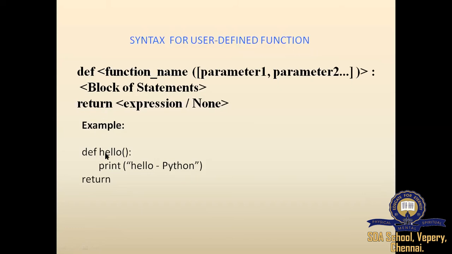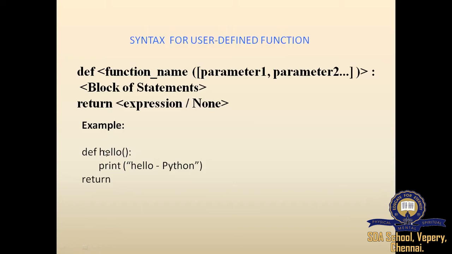Now, a small example is being typed at the bottom here. Have a look. I said every user-defined function begins with what keyword? Definition, def, followed by the function name, followed by parentheses. Here the parentheses are empty, no parameter has been passed.